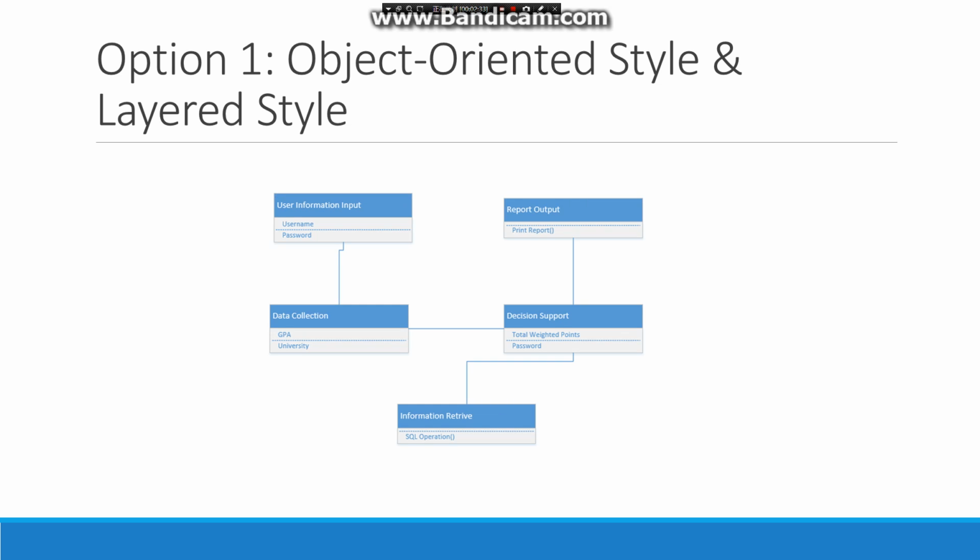Here are the classes of the first option style. In user information input, we have username and password for the user login and registration, etc. In data collection, we have GPA and university.